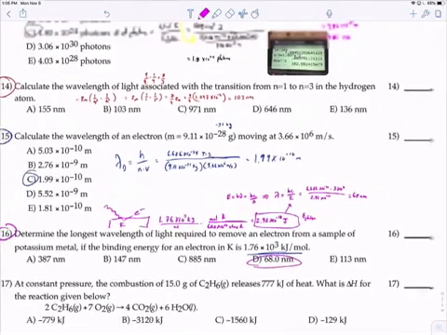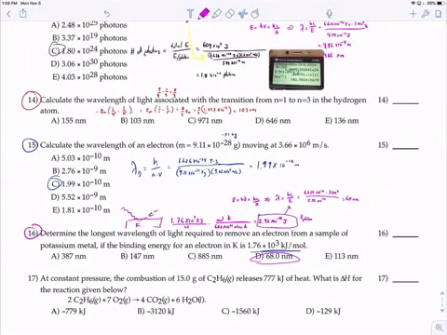All right, so the tricky part of this one is you're given energy in kilojoules per mole. So convert kilojoules per mole by dividing by Avogadro's number to get the energy of the photon for each atom. The photon only works on one atom at a time.